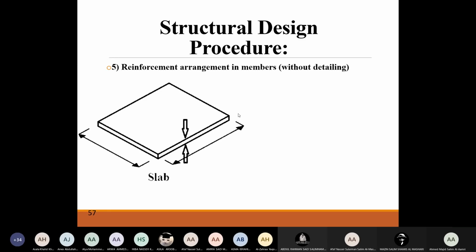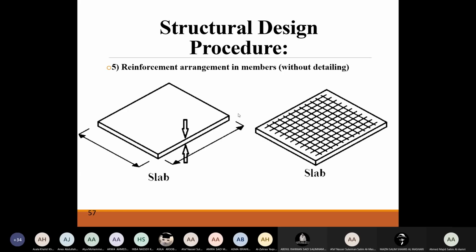Since there are 2 moments, even if one is minor, that moment is going to cause you to have reinforcement, whether it's calculated or taken as the minimum reinforcement. So due to the 2 moments, we are having 2 reinforcement sides, because we have a moment in this direction and then a moment in the other direction.